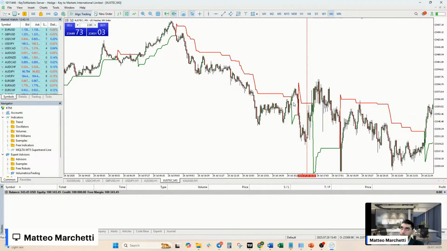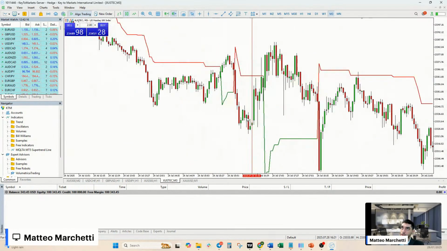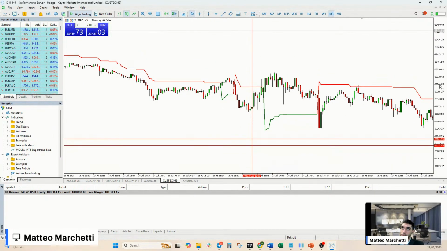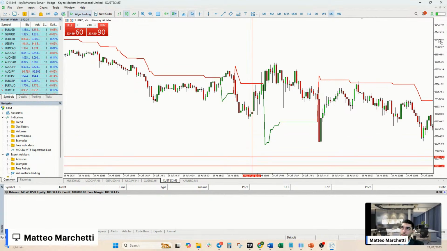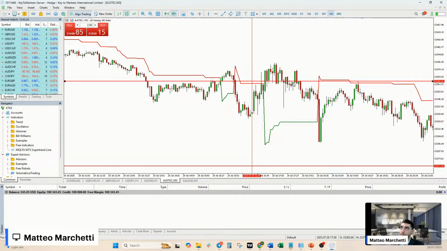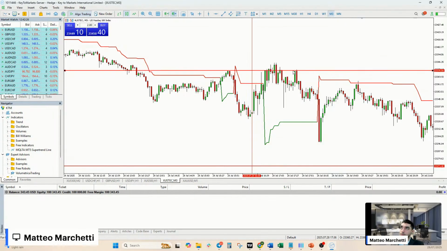We can also continue, and I can give you other details. This is very important, and that's why you need to consider also the context and what's going on in the market. You cannot just open your trade because you see the signal. So, for example, look at this case. This case is a stop loss, okay?